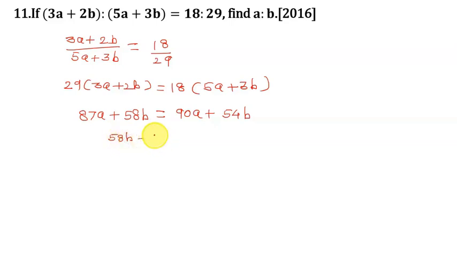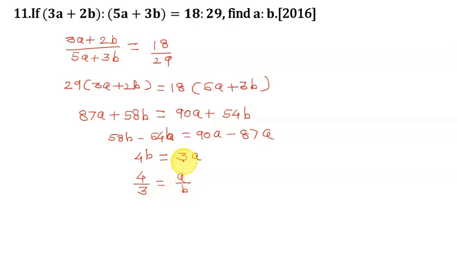Okay, and next simplification, that is 58b minus 54b, and that is equal to 90a minus 87a, and their subtraction is 3a. Here 58b minus 54b, subtraction is 4b, and that is equal to 3a, and hence 4 upon 3 is equal to a upon b.